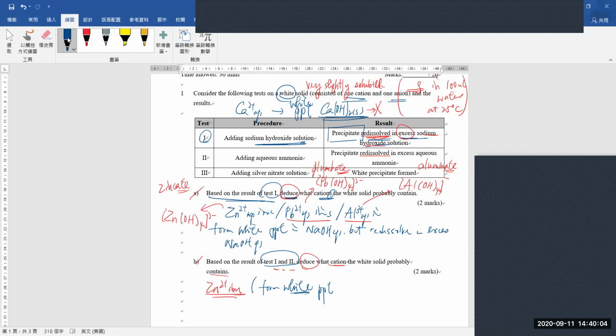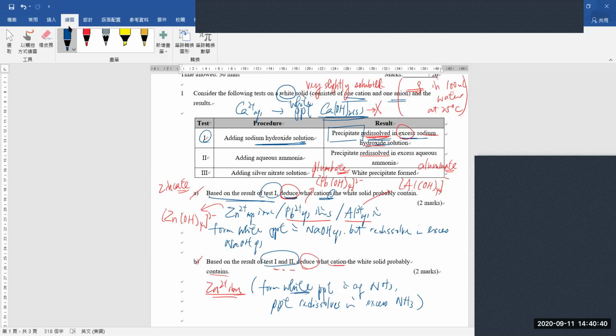Now, I just want to double check that you have a clear mind of memorizing those PPT formations and redissolving in excess, etc. Just tell me what you know. Remember, we have the case on zinc ions. Copper 2 ions is not.